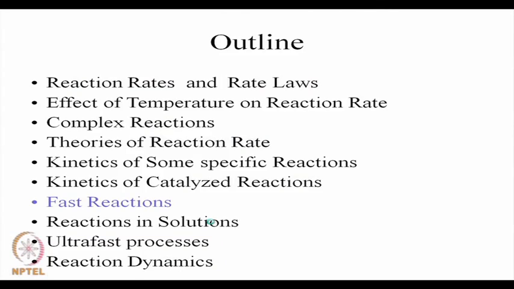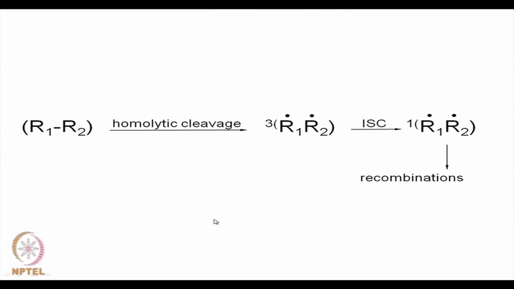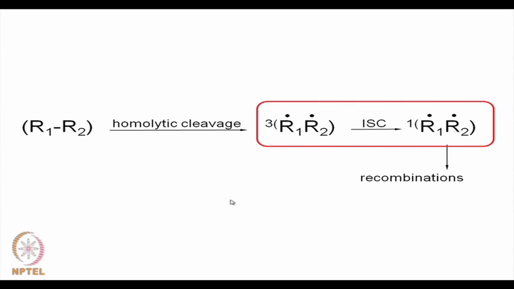So let's look into this. That is, we have R1, R2. It is a homolytic cleavage, maybe producing a triplet radical pair via intersystem crossing. It may get converted to a singlet radical pair.